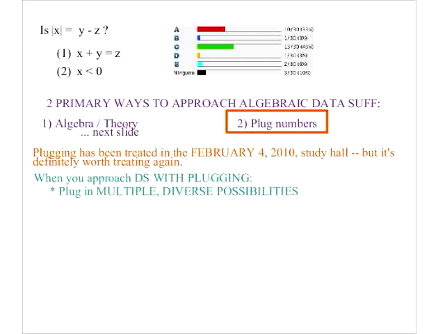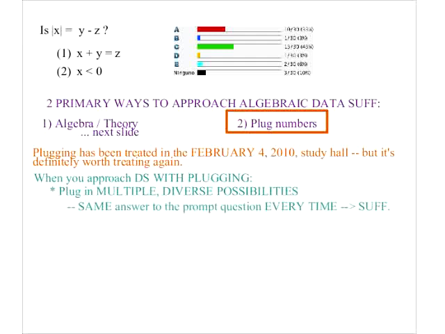Sufficient means that you plug in a whole ton of possibilities, and what happens? It means you get the same answer every single time. So if you get the same answer to the prompt question every time, then you put sufficient.